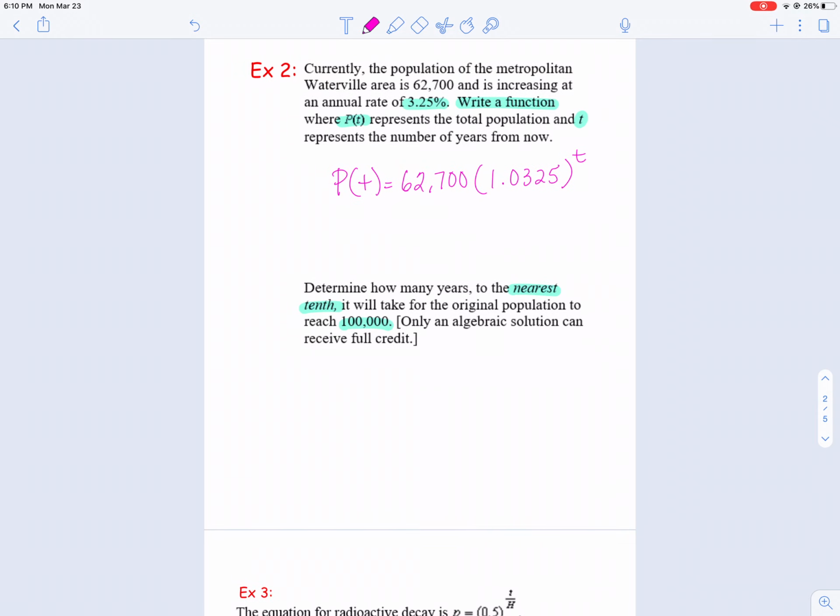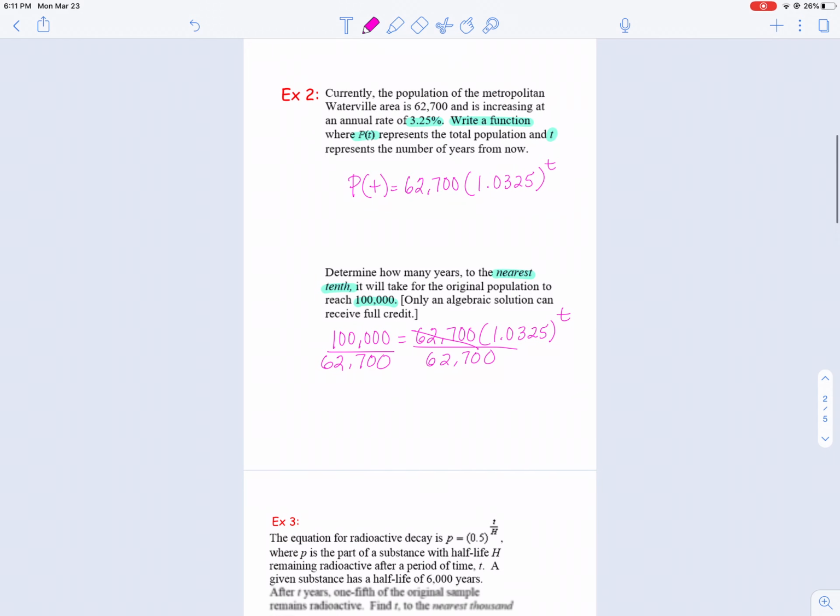If you now know the population is 100,000, you're going to take your formula and plug in that 100,000. Remember, our goal is to solve for t, so you have to get rid of this 62,700. It isn't a nice number when you divide it, so you're going to keep 100,000 over 62,700, and that equals 1.0325 to the t.